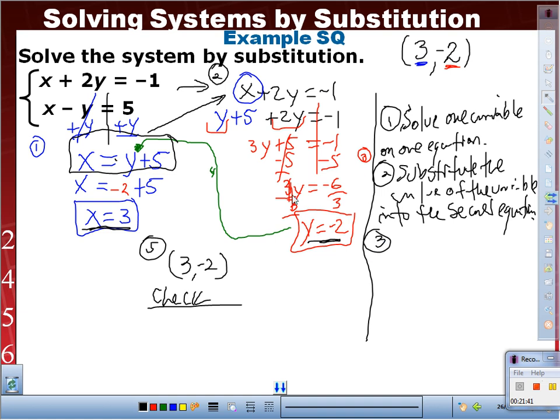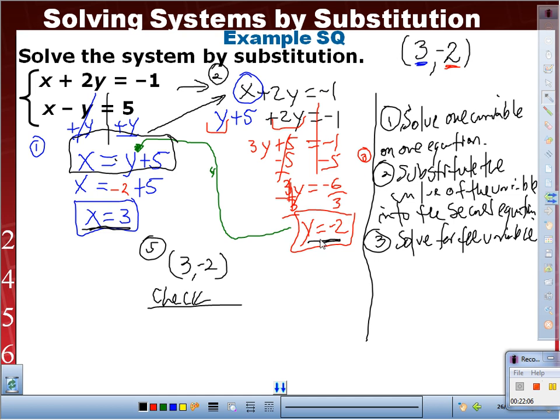Step 3. What did we do in step 3 in red? Natalia. Solve. But on the other one was solve for x. So what do we write? Solve for the variable.